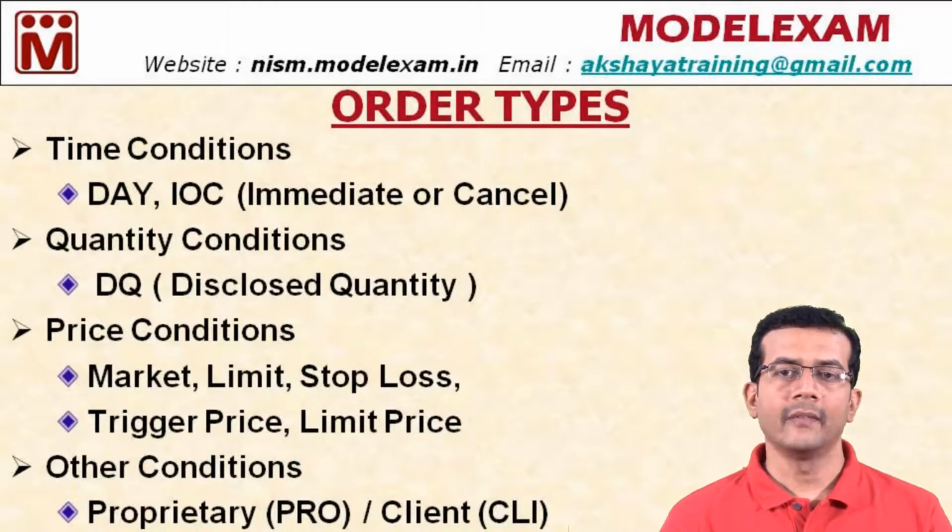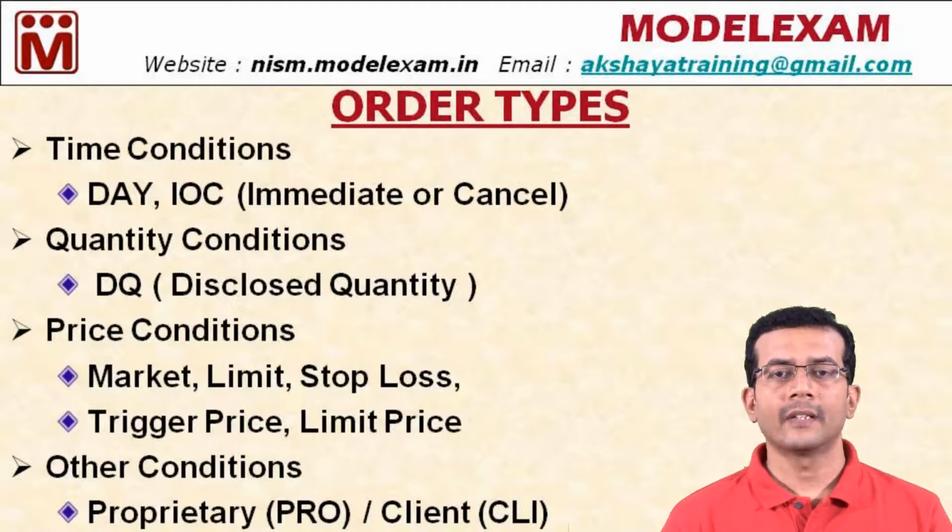So 95 is the trigger price, and you would mention a rupee lower as the limit price, probably 94, as the stop loss limit price. Now what it all means, trigger price will be 95 and limit price will be 94, and your purchase price was 100 rupees.